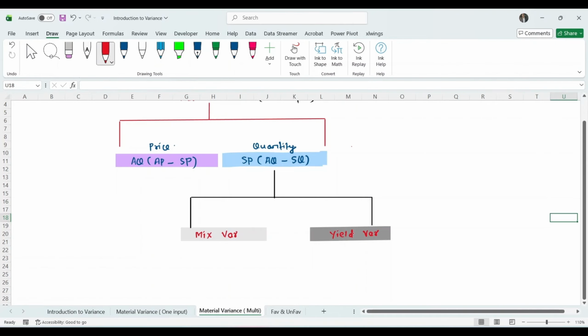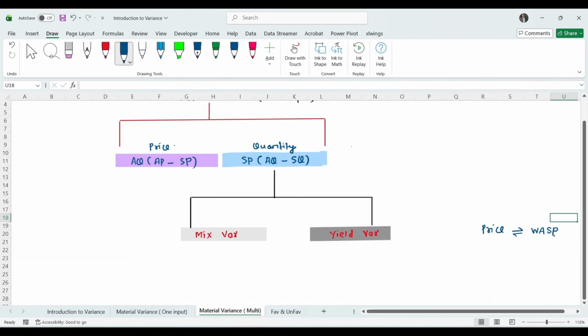For this mix and yield, we'll introduce one more term in place of price only. Price will be replaced by a term known as WASP, weighted average standard price. Why? Because there is more than one input.